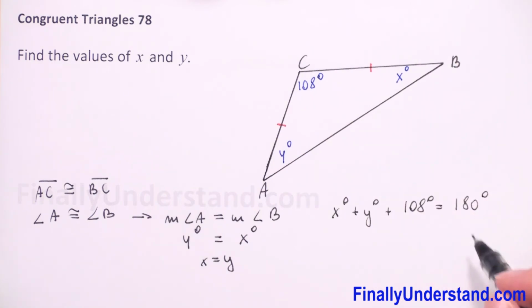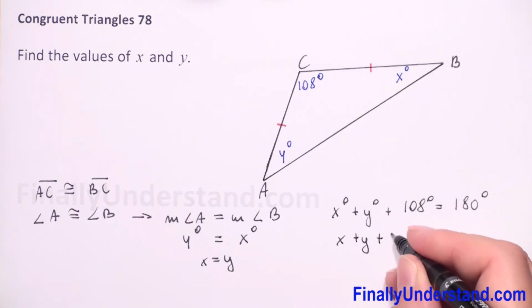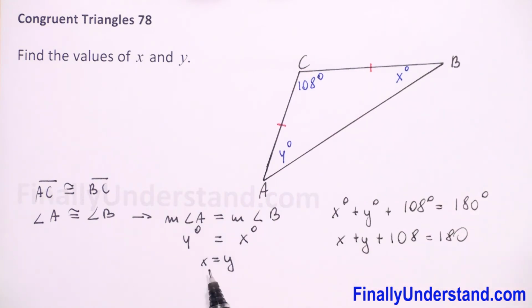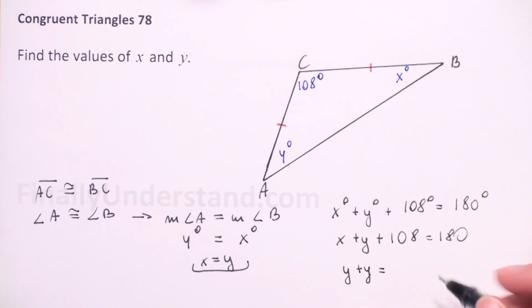Let's forget about degrees. So we have x plus y plus 108 is equal to 180. Because we found that x equals y, we can substitute x by y. So we have y plus y is equal to, and I will move 108 to the right side.